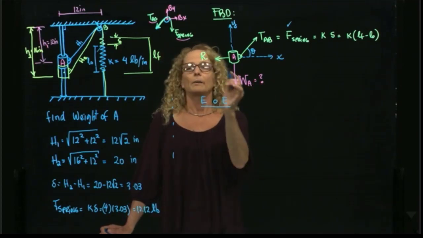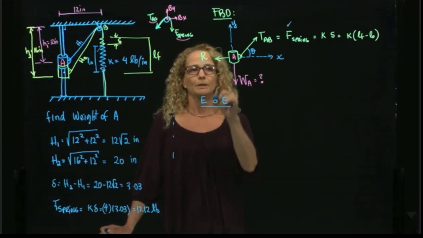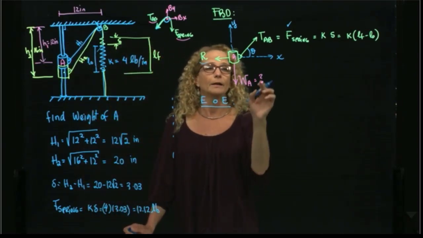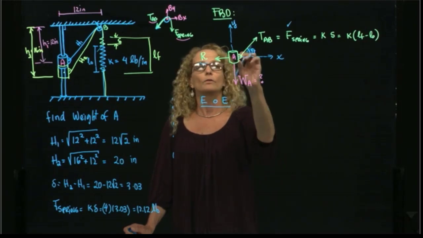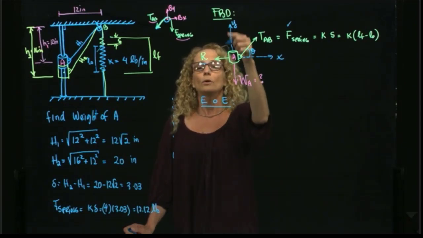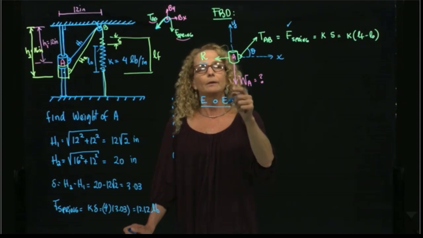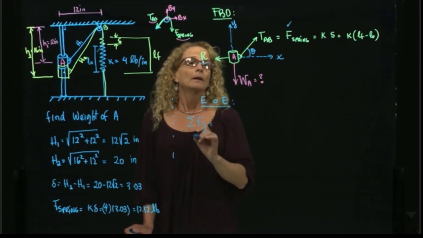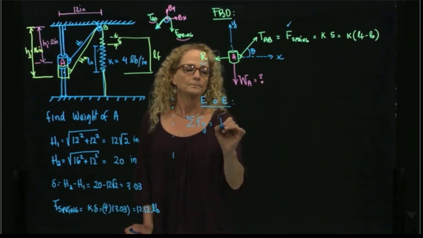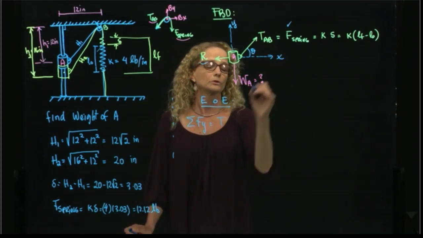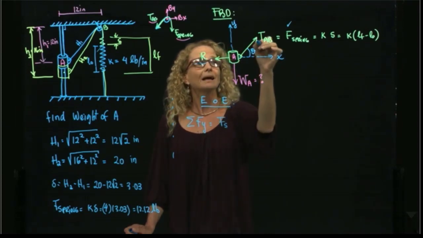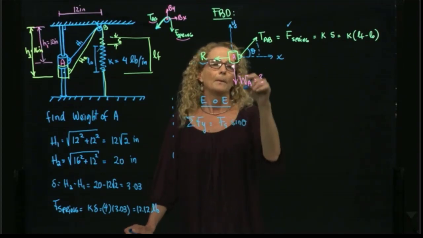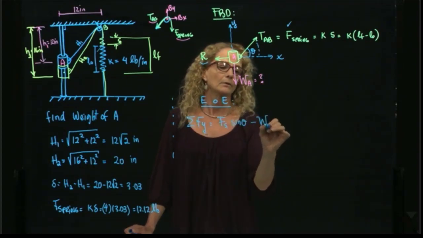I do not care about finding the reaction between the coil and the bar, because what I want to find is only the weight of that coil. Therefore, I'm only going to do my equation of equilibrium in the y direction. And that will be equal to the tension, which is the force of the spring, times the sine of this angle minus the weight of A.